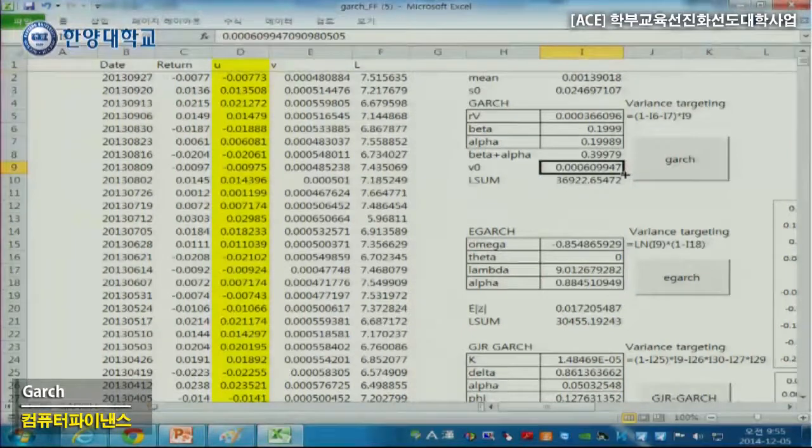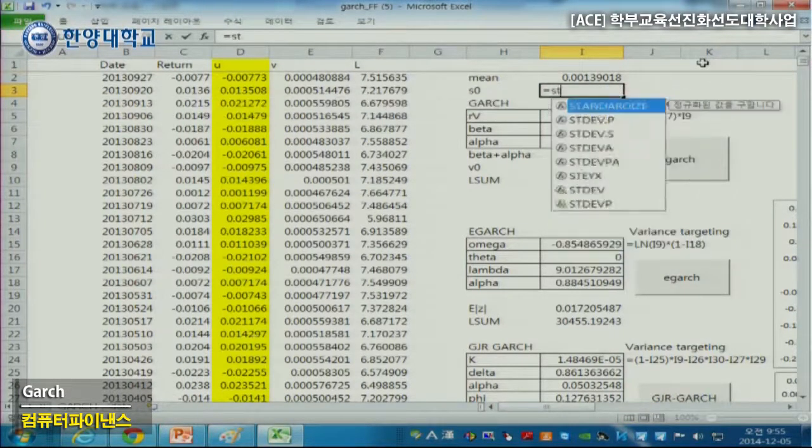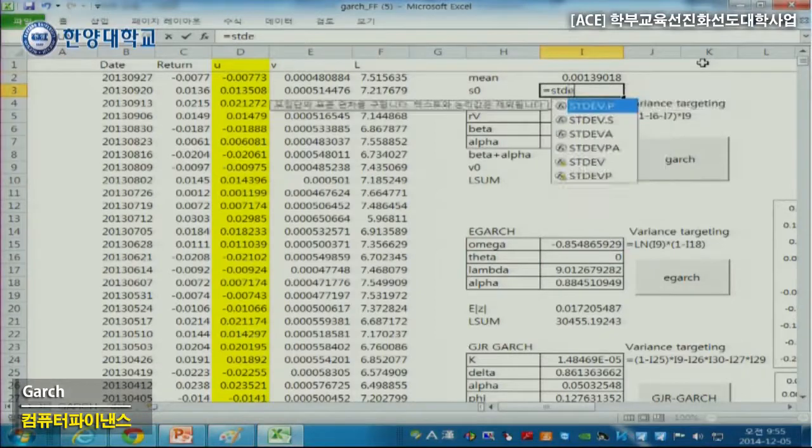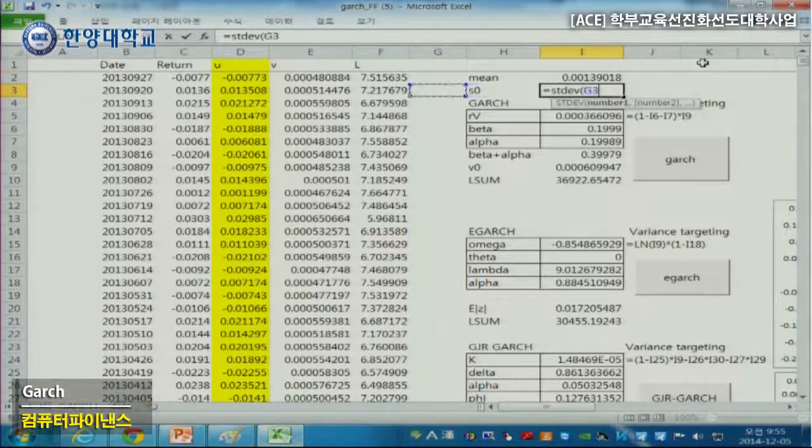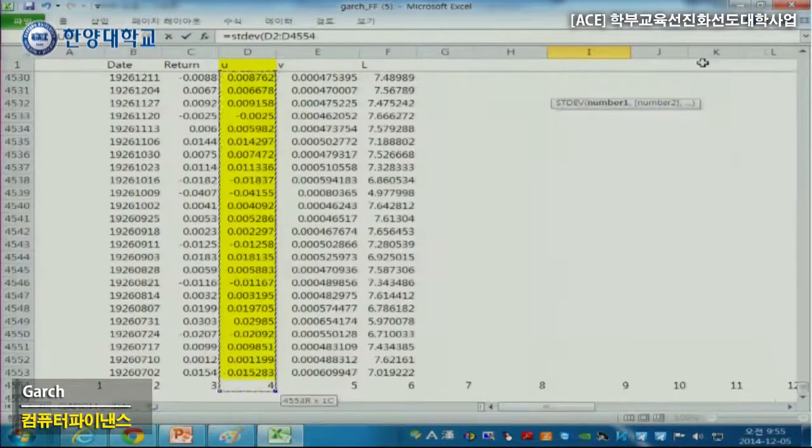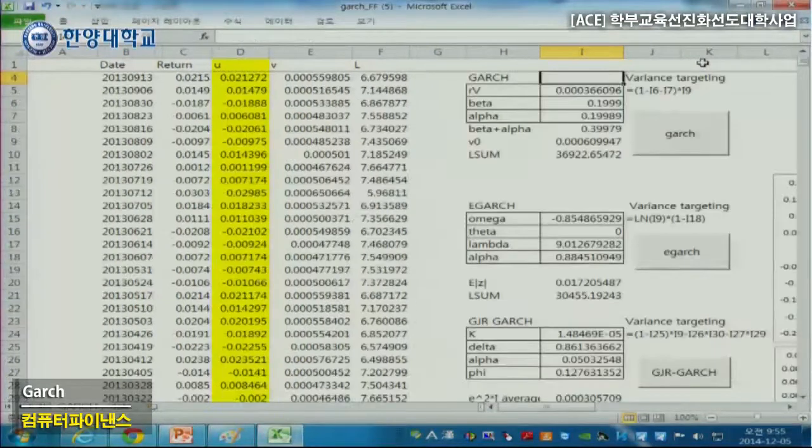And this V0 is just the sample variance. This is the standard deviation, and this is the sample variance. Let's say this is the standard deviation, STDEV, of this entire thing.